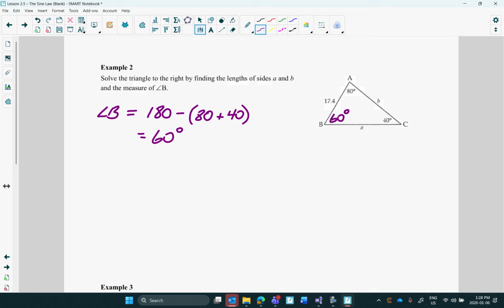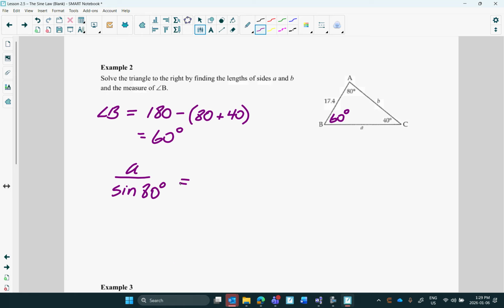Now for the sides, we're going to have to use sine law. So this side that I'm trying to find, A, over the sine of its angle opposite. What angle measure is opposite A? 80 degrees.